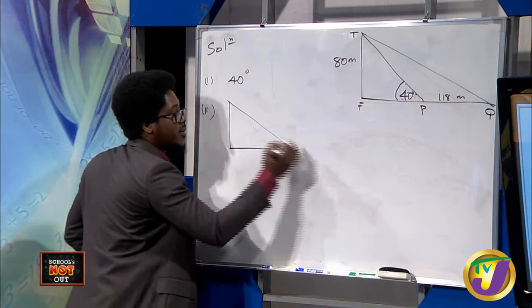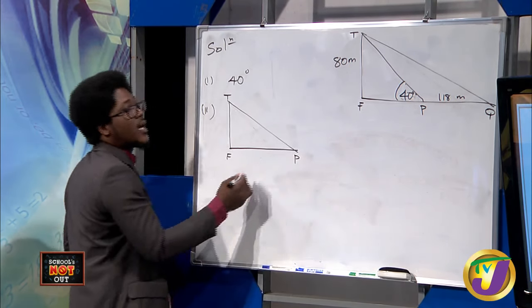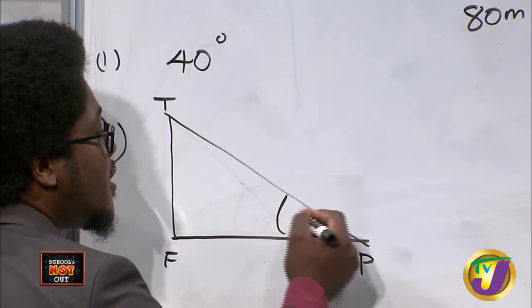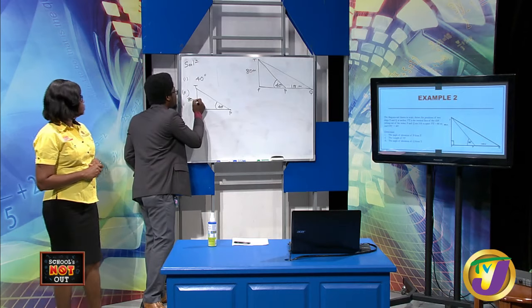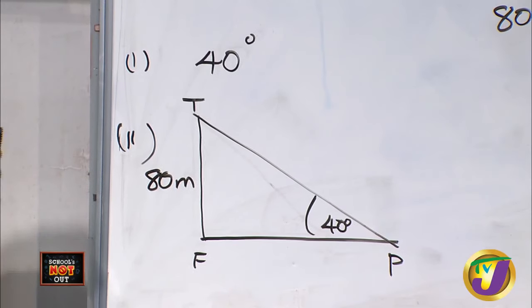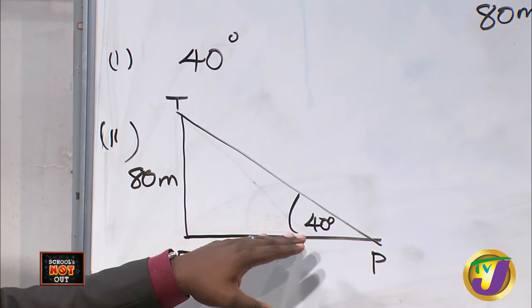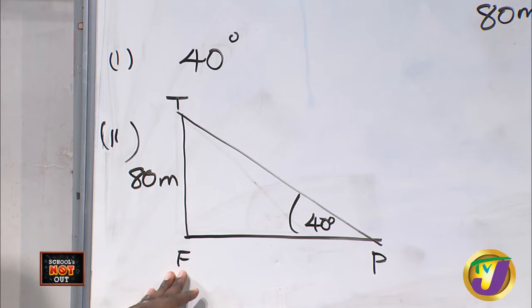This is T, this is F, P, and the angle of elevation we were given before is 40 degrees. The length of FT is 80 meters. The working angle is opposite to 80 meters, and I want to find the length of FP.